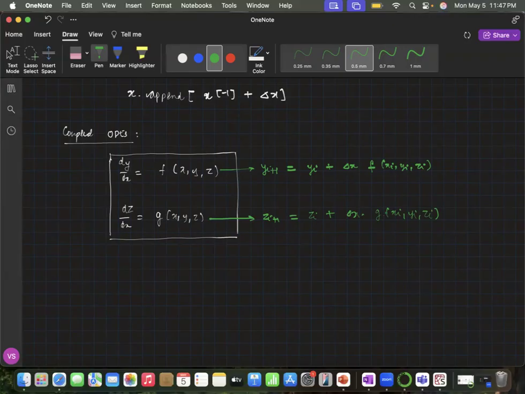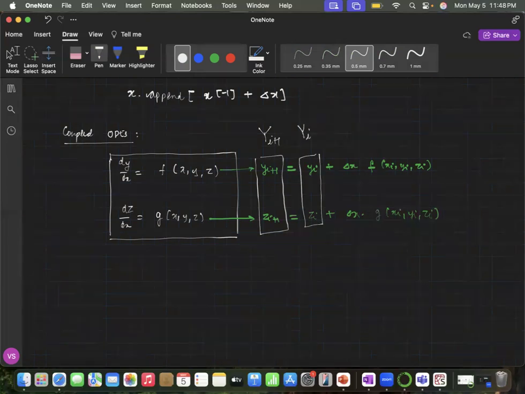In general, if you consider this entire thing to be, let's say, a vector capital Y i+1, and this thing as another vector capital Yi, and these two as another vector, some f evaluated at Yi comma Xi, right?